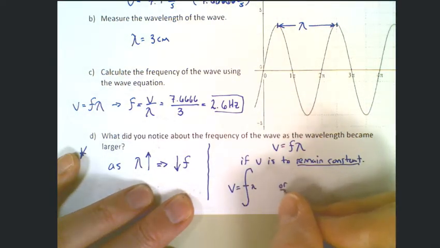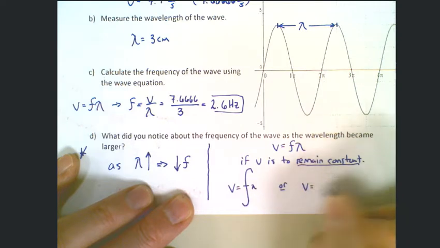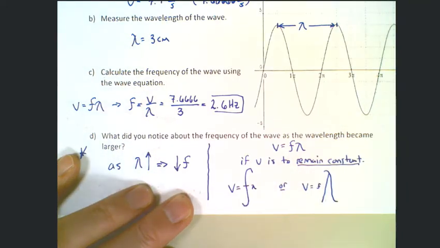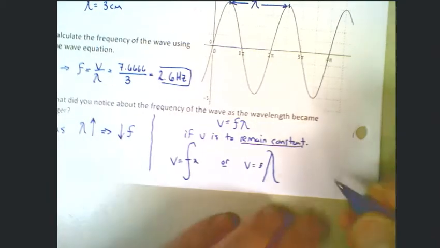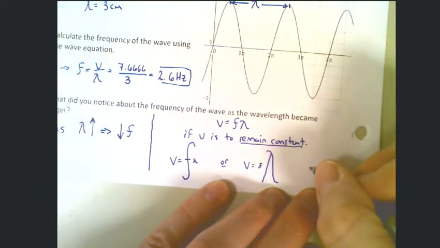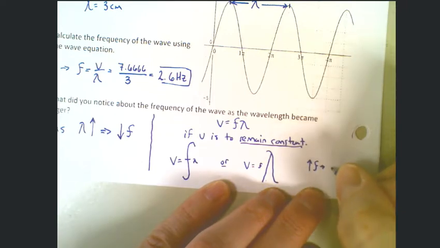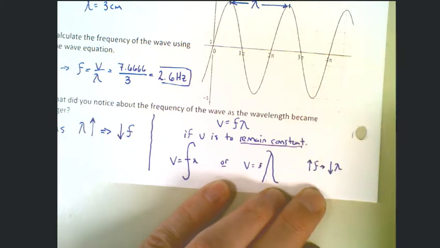Or if the speed is the same, if the frequency gets really small, the wavelength must get really big. So it's always this relationship where an increase in the frequency causes a decrease in the wavelength, and vice versa.